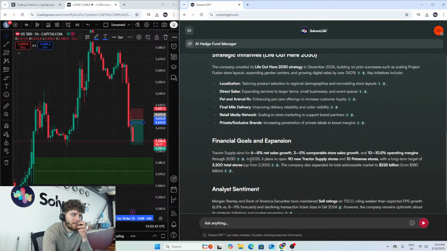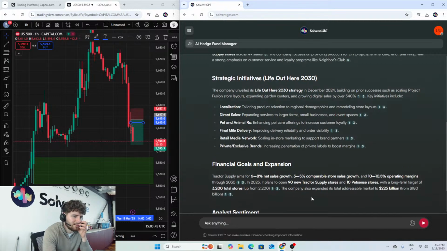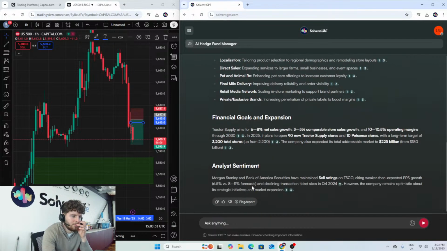So they want 1,000 more stores in the US. Expanded its total addressable market to 225 billion. They have maintained sell ratings. Weaker than expected EPS growth.